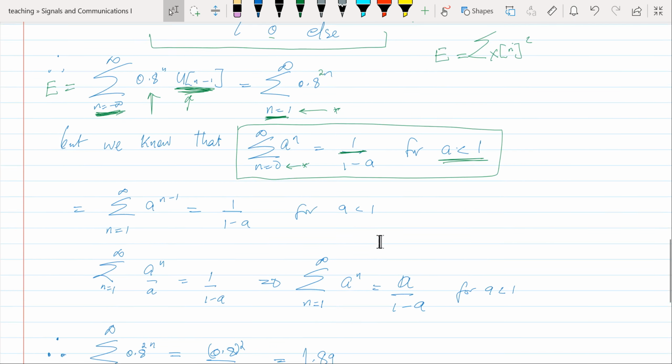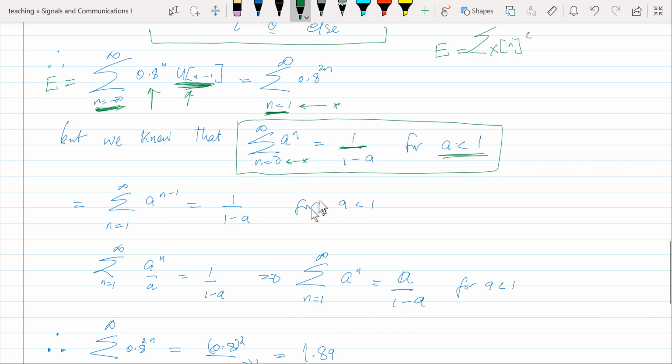So what we need to do is simply express our function like this one, so that we are able to utilize what is on the right. What we can do is express the sum as starting at 0.